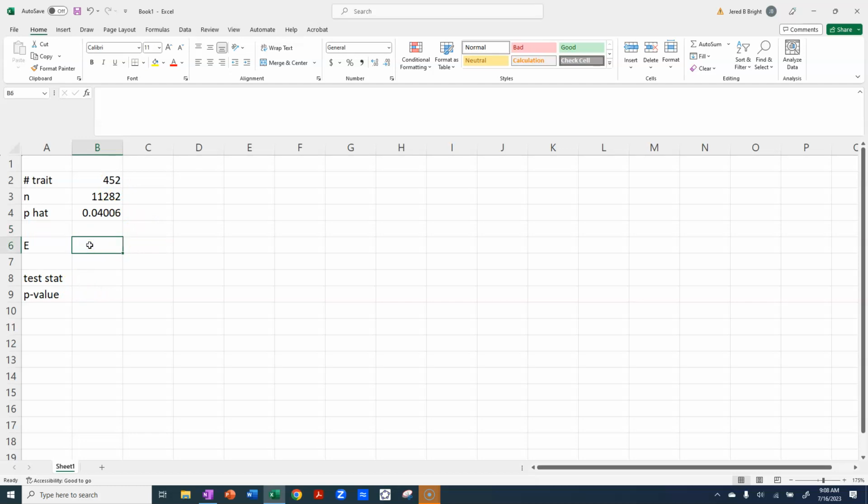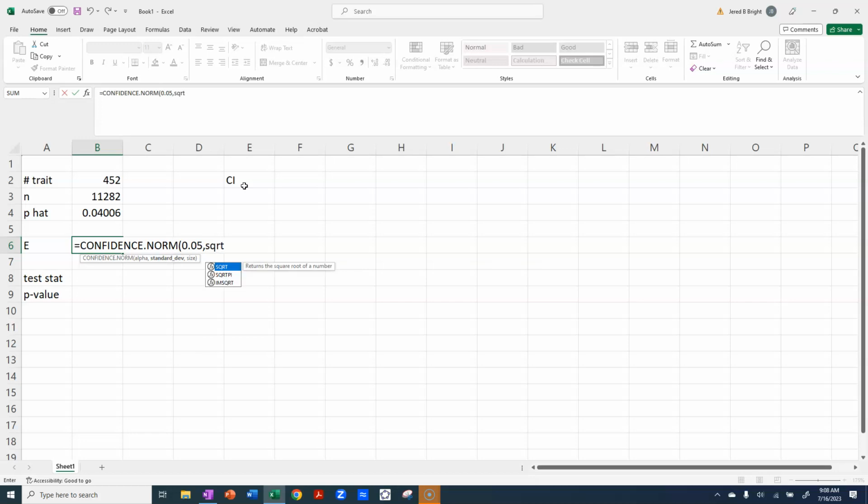And then now for the margin of error. I'm just going to get my CI ready. So for the margin of error I'm going to use CONFIDENCE.NORM. Alpha: I'm making a 95% confidence interval, which means alpha is 5%, so I'm going to enter 0.05. Standard deviation: now this is the weird one. You have to do a square root in here, so SQRT of p hat times 1 minus p hat.